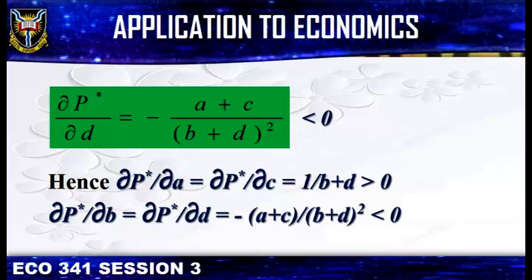∂P*/∂b = ∂P*/∂d = −[(a + c)/(b + d)]² < 0.